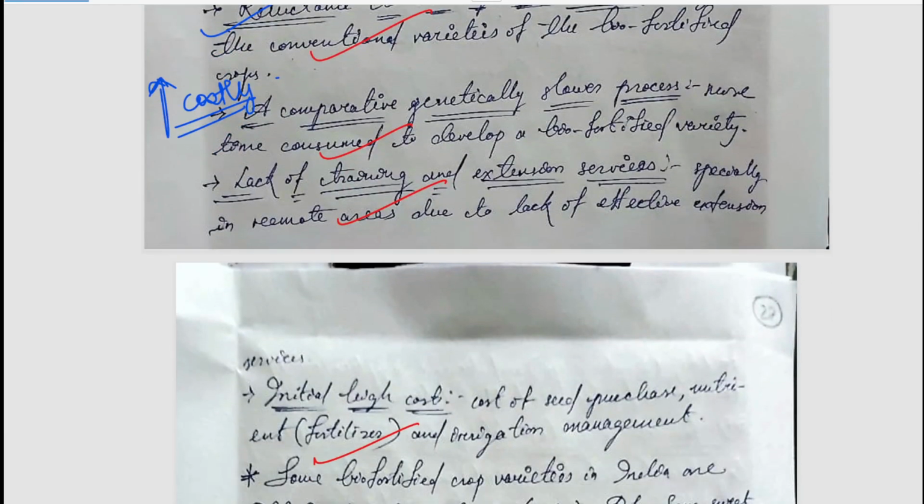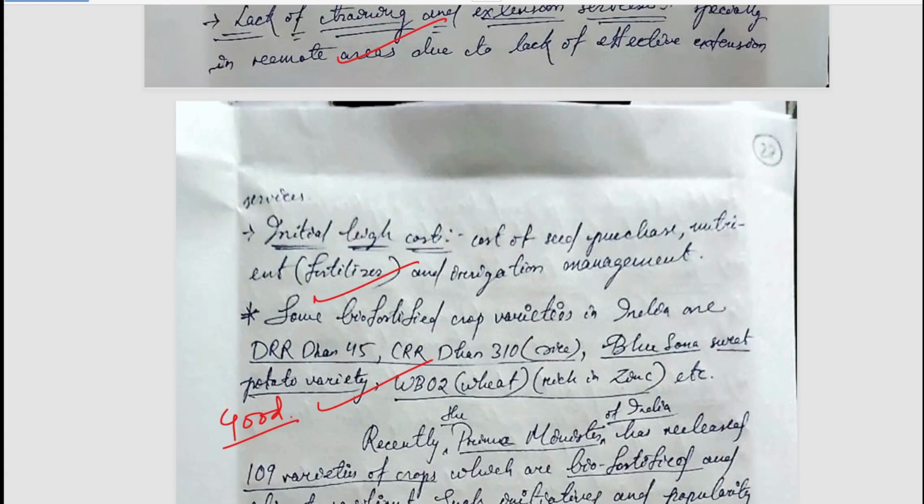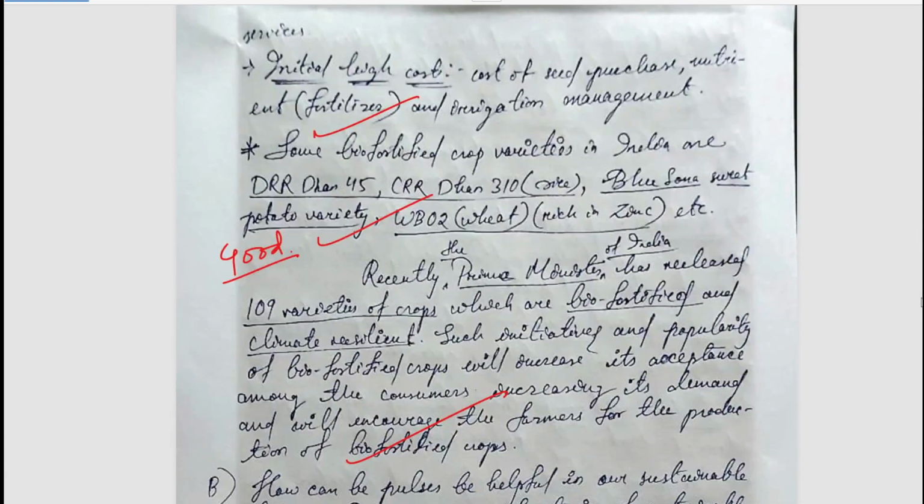Production will be a bit lower for these biofortified crops. So very well written points and examples have been mentioned. You can add a very good example, golden rice. It is biofortified in beta carotene, that is vitamin A. So related points.